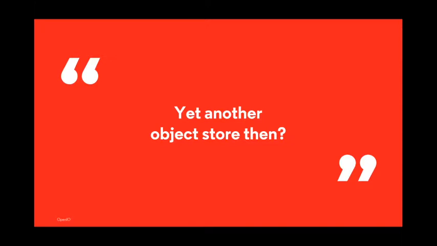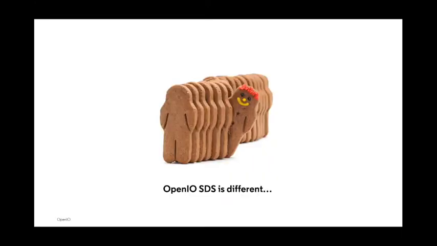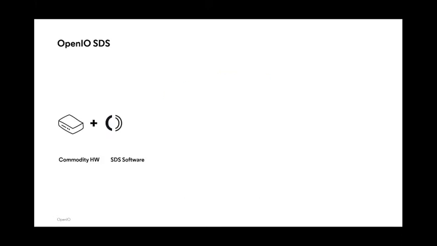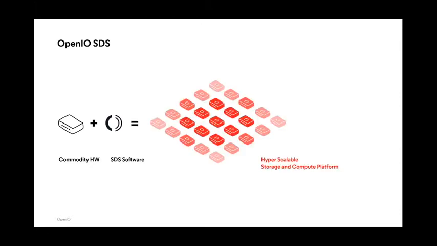So it's no longer the differentiator. And so are we here to talk about another object store? Actually not. So we are different from other object stores for three reasons. The first one is that yes, we can take commodity hardware and our software to be the hyper scalable storage platform, but we actually can do also compute on top of it.